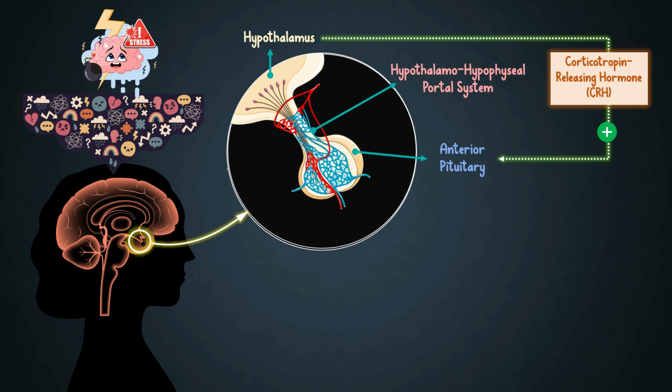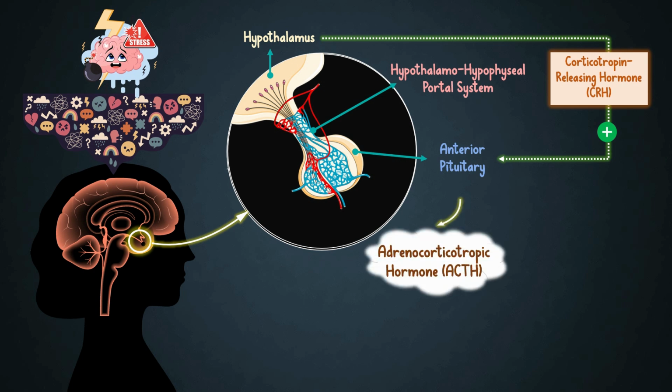So, the CRH released by the hypothalamus reaches the anterior pituitary through the hypophyseal portal system and targets the cells of anterior pituitary to release adrenocorticotropic hormone. So, ACTH is primarily produced in the anterior lobe of the pituitary gland, specifically the corticotroph cells.